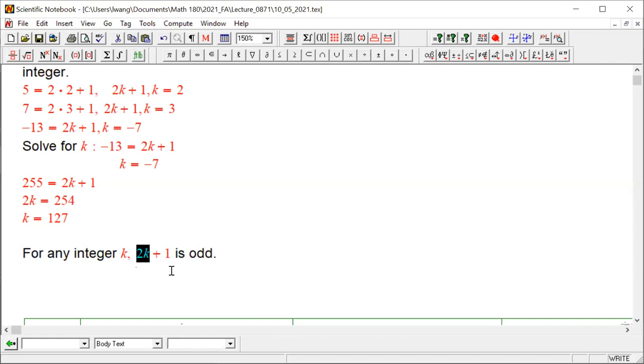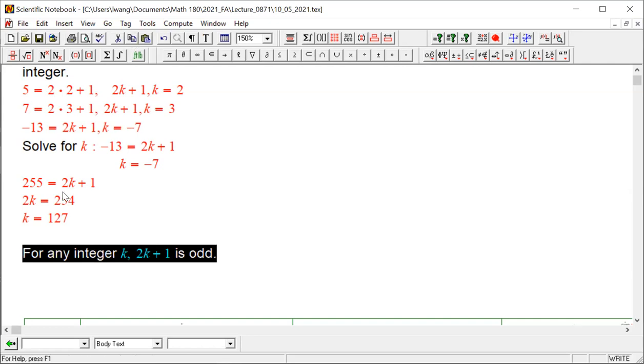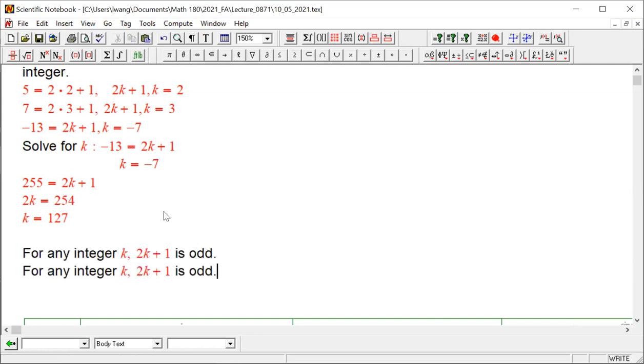Any even number minus 1 is also odd. That's why 2k minus 1 is okay too. It doesn't make any difference, because the bottom line is that we want to represent all the possible odd numbers.